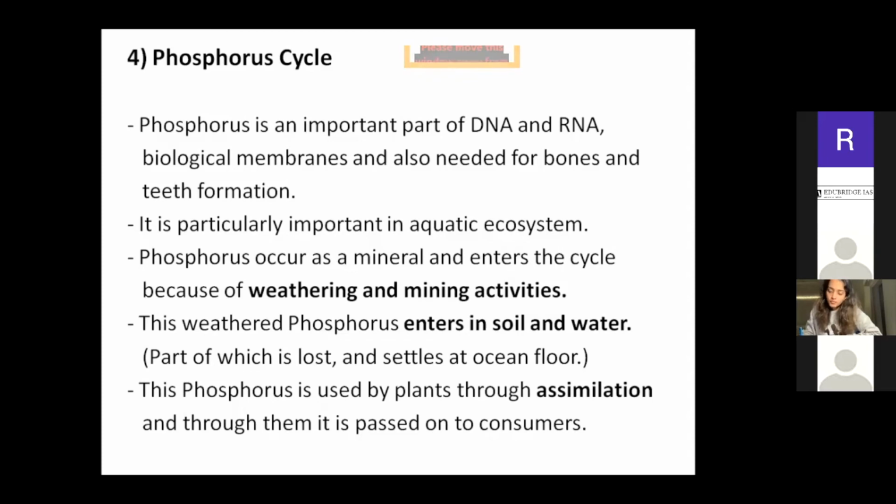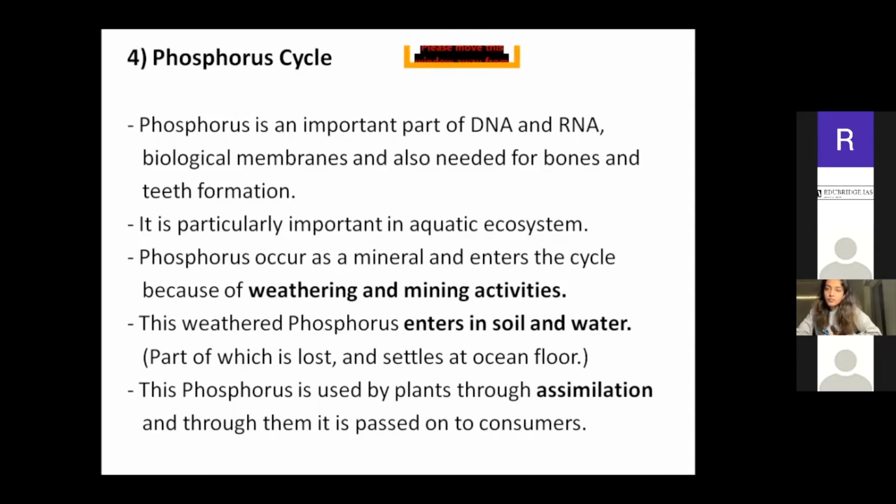So through weathering or through mining activities, this phosphorus can be made available, or it can enter into soil or water. Fine. So from sediments, how can it enter into soil or water? Through weathering or mining activities.